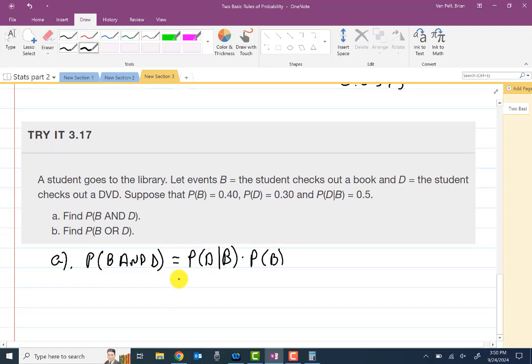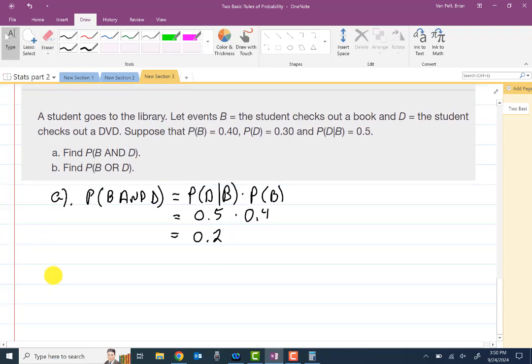Let's put our information in. D given B is 0.5. And P of B is 0.4. That equals 0.2.